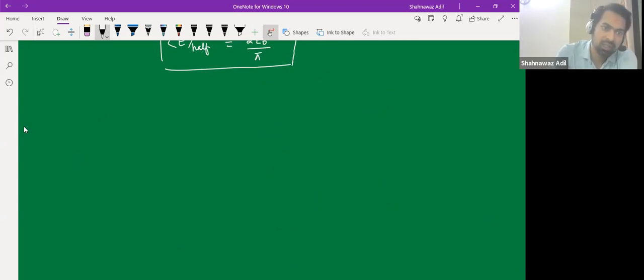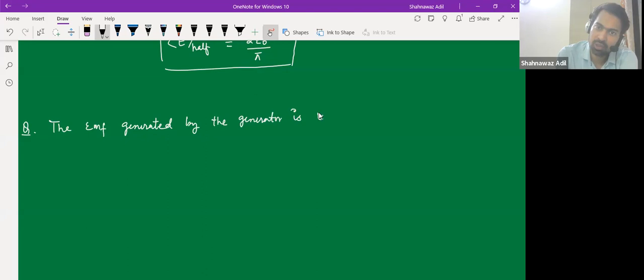The EMF generated by the generator is E, let's say, 14 sine 5t. So this is your E, right?